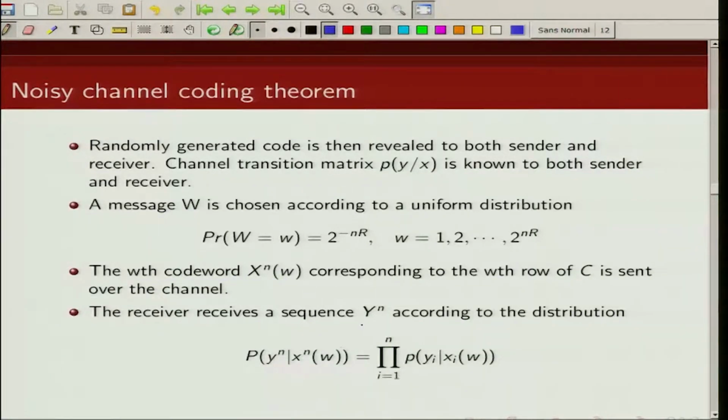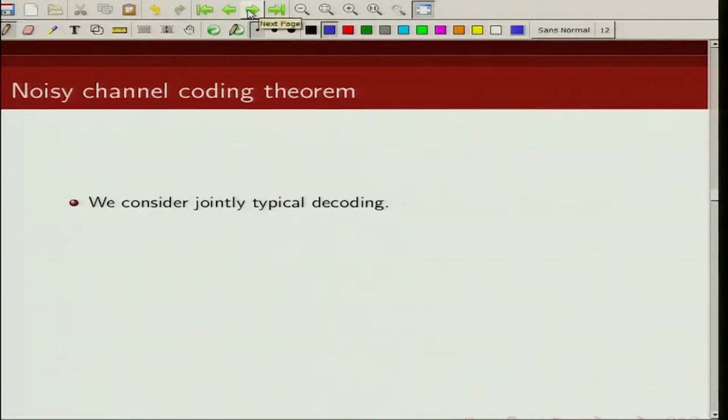So when we select this index W, we are actually sending the Wth row of this code word matrix that we are randomly generating. Now what the receiver receives is y^n, and the probability of y^n given that a particular x^n(W) was sent, for a discrete memoryless channel without feedback, is given by this expression. Now once we receive y^n at the receiver, we are going to do what we call jointly typical decoding.